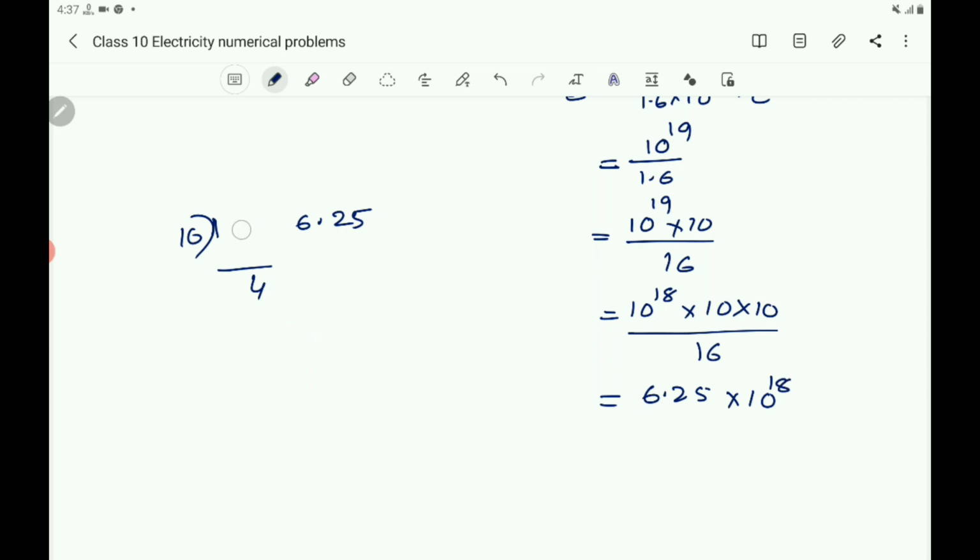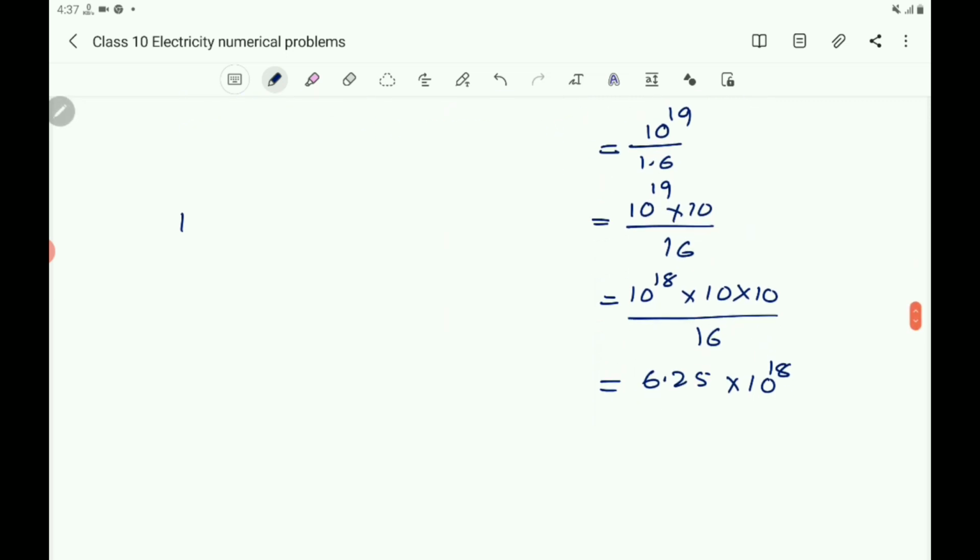Here, how many electrons are there? 6.25 into 10 to the power of 18 electrons. That is the number of electrons in 1 coulomb of charge.